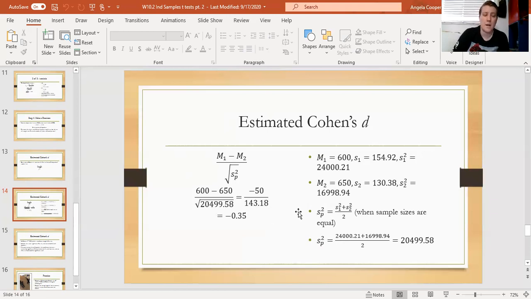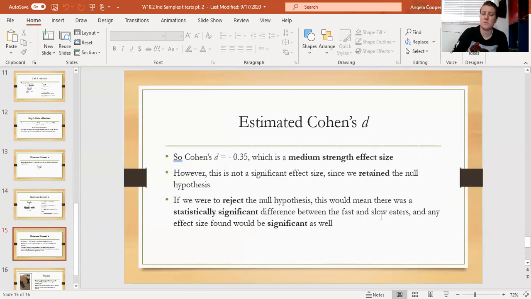Whew, nice. It's not too bad. So with Cohen's d equaling negative 0.35, that is a medium strength effect size. Keep in mind that the positive or negative sign does not matter when it comes to determining the strength of Cohen's d.